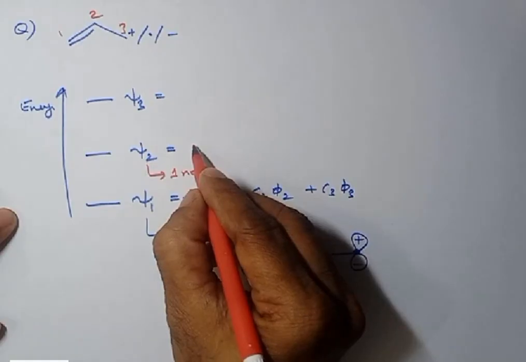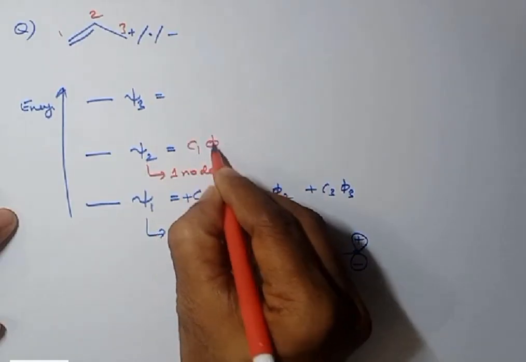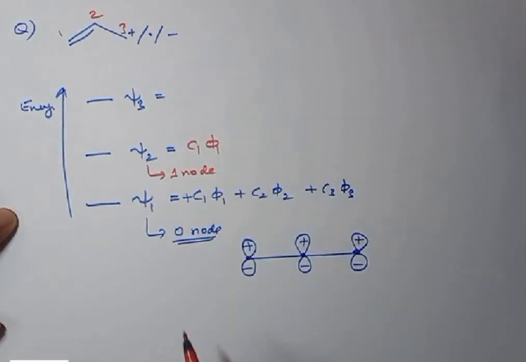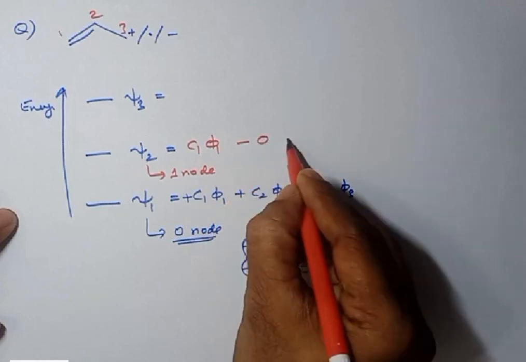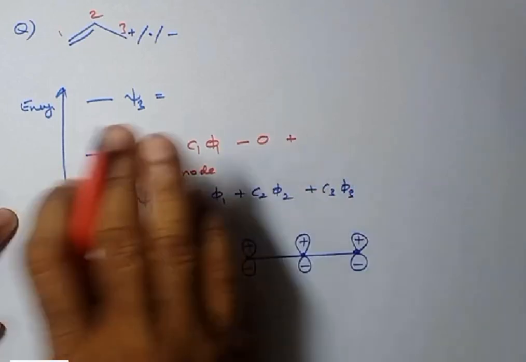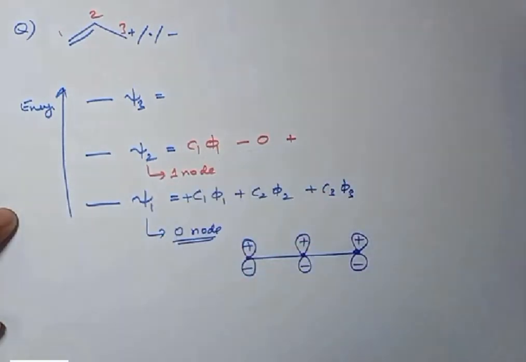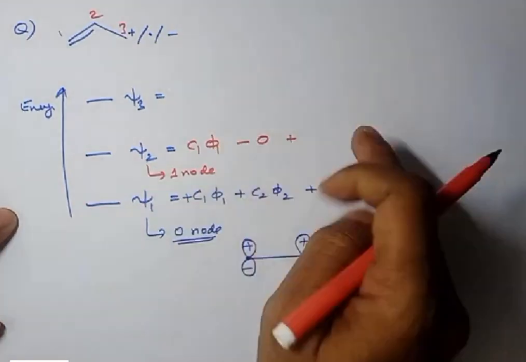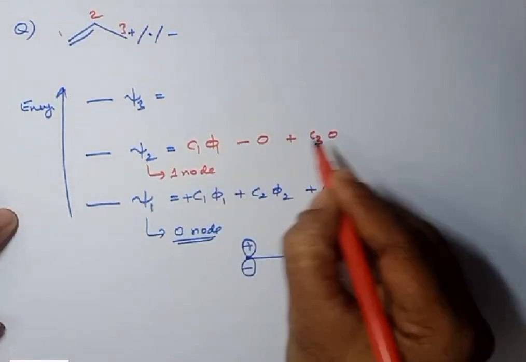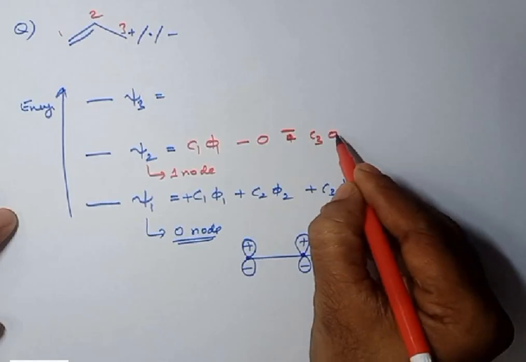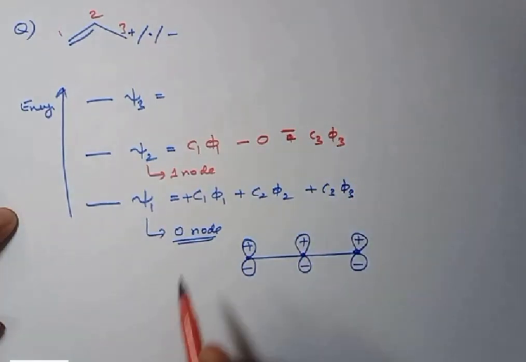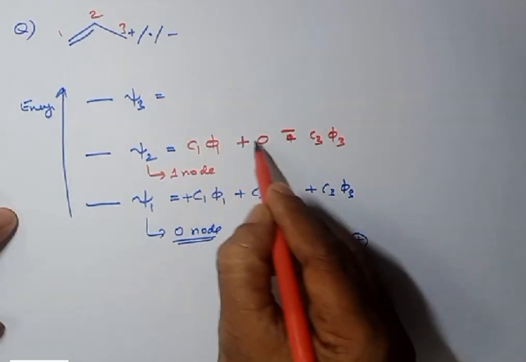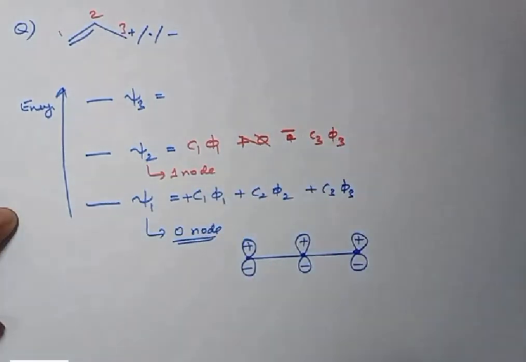Therefore, see the coefficient C1 into Phi1. Second becomes 0 because the second orbital does not contribute because the node is there. Then third one is minus C3 Phi3. Why minus? This is plus because it's 0 anyway, leave it. Why is the third one minus?